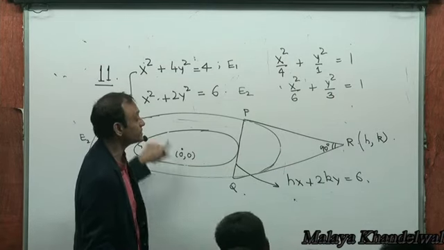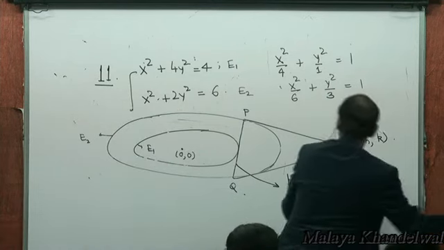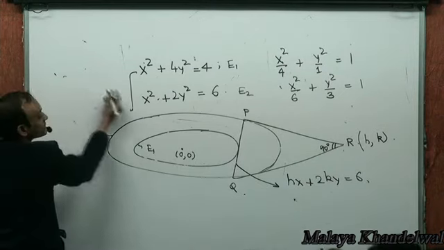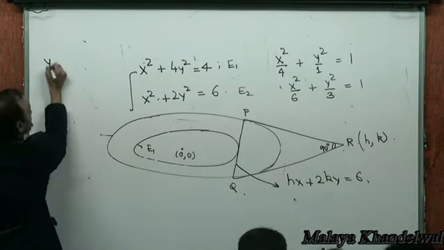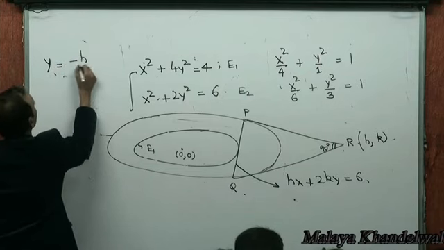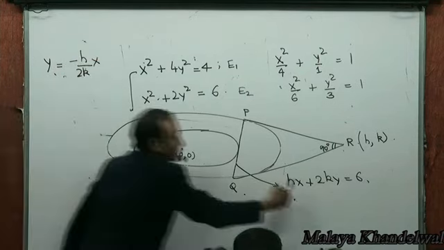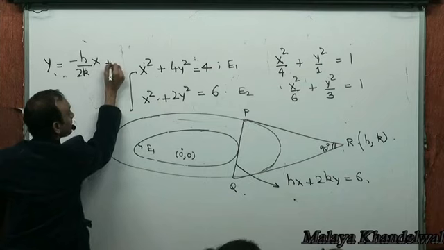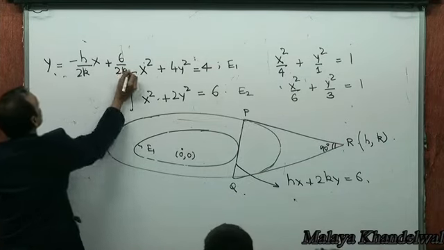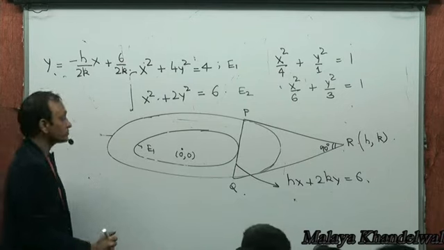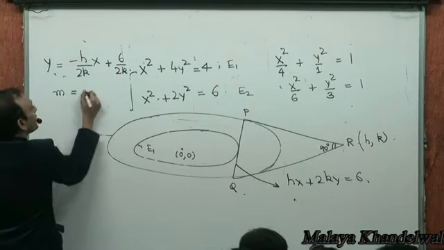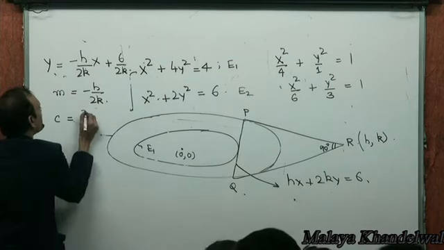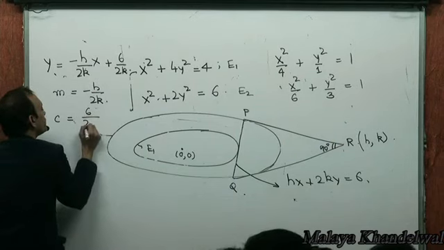This line could be written as y equal to minus h by 2k into x plus 6 by 2k, where m is minus h by 2k and c is 6 by 2k.